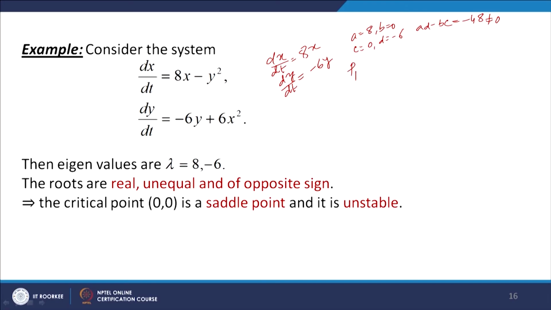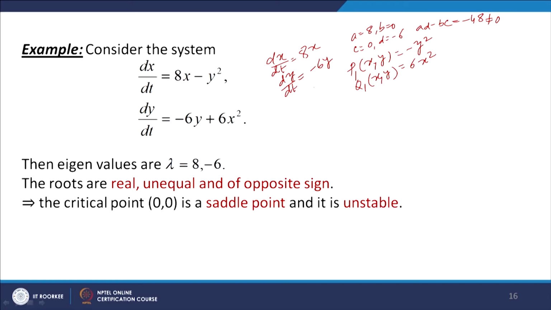P1(x, y) is equal to minus y square, Q1(x, y) is equal to 6x square. So, again P1(x, y), Q1(x, y) are polynomials in x and y of degree 2 each. So, they have continuous first order partial derivatives.